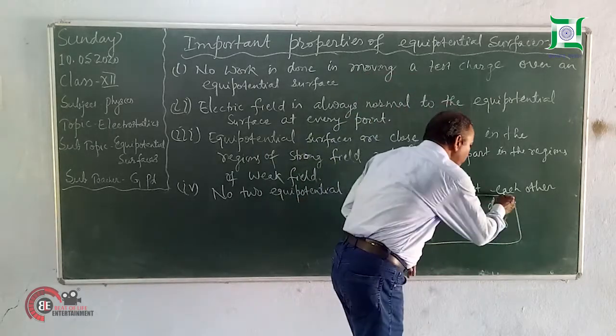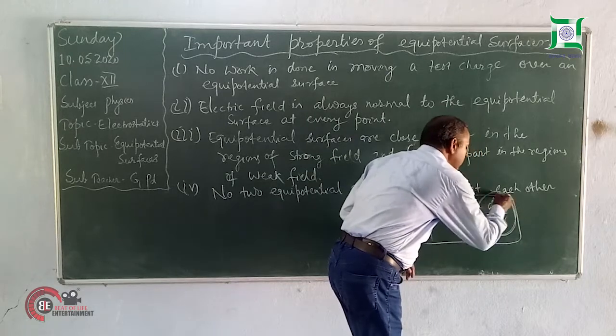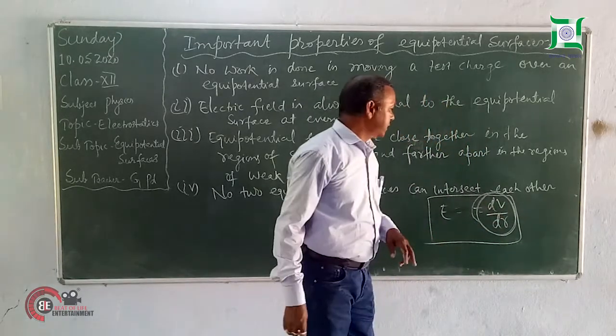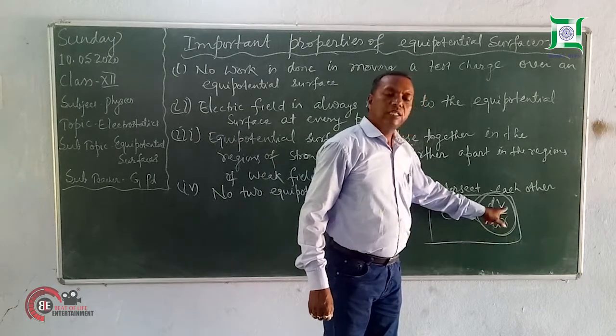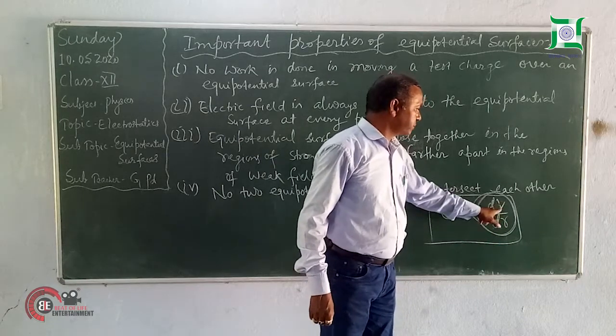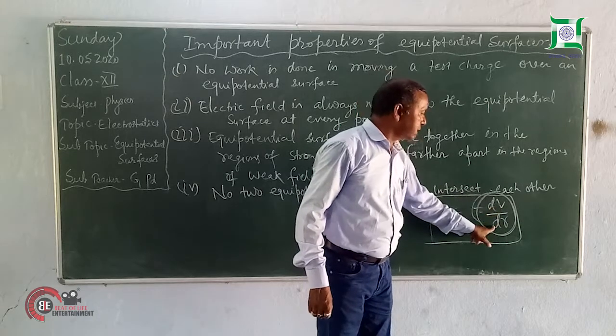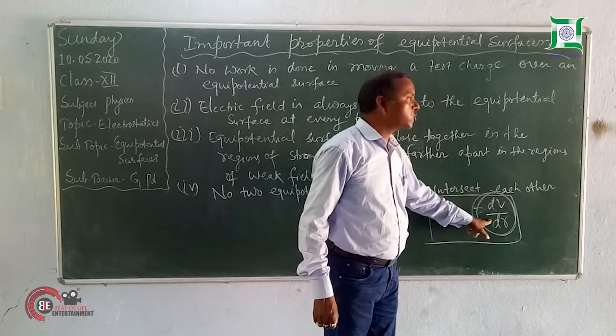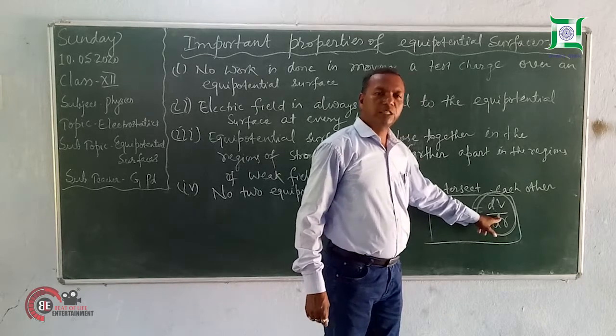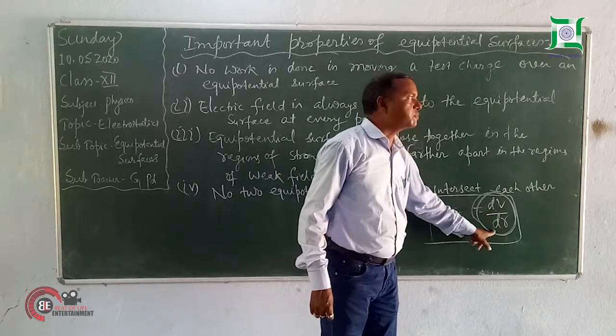This is also called potential gradient, dV by dr. It means change in the magnitude of electric potential per unit displacement.